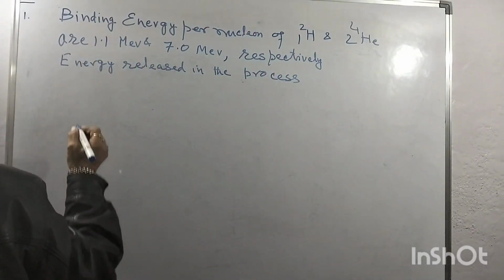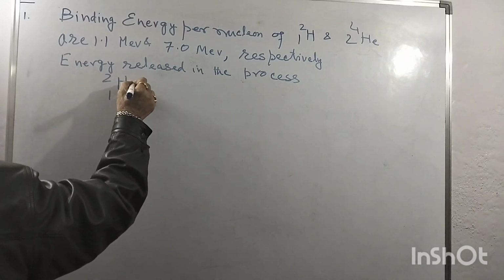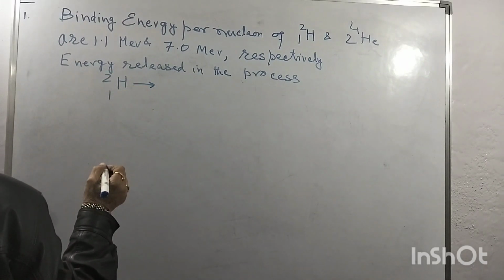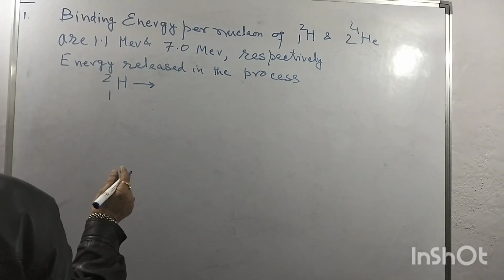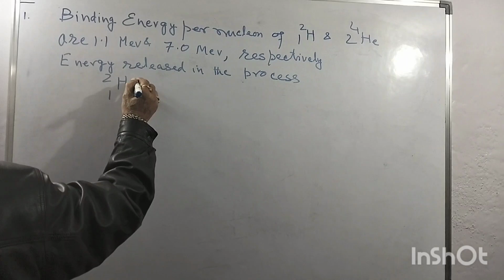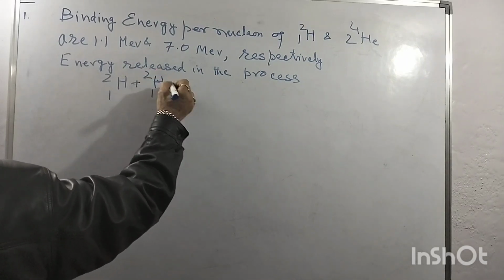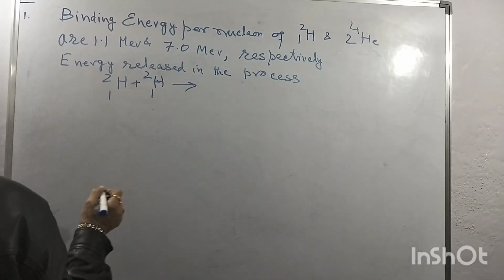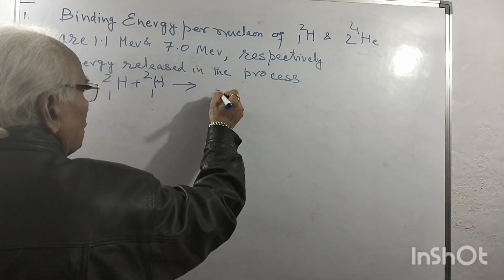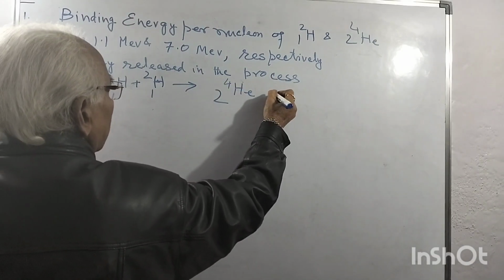The process I gave is 1H2, that is the deuterium, deuterium plus deuterium, that is the interaction of deuterium plus deuterium, where we get 2He4.